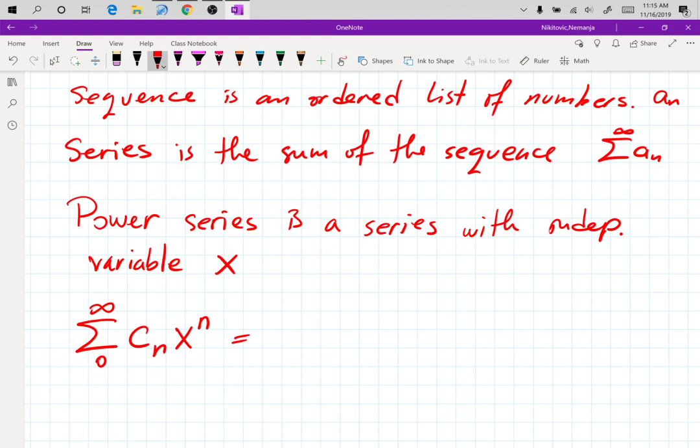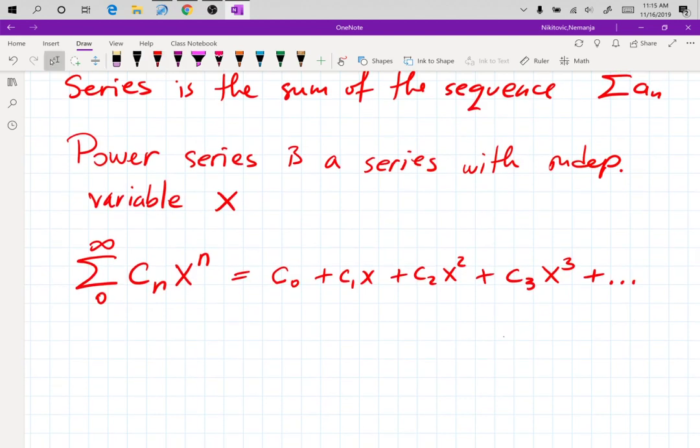And it is technically an infinite polynomial. So it's c_0 plus c_1 x plus c_2 x squared plus c_3 x cubed plus ... forever. And I'm just going to say infinite polynomial. A polynomial must have an end term, right?